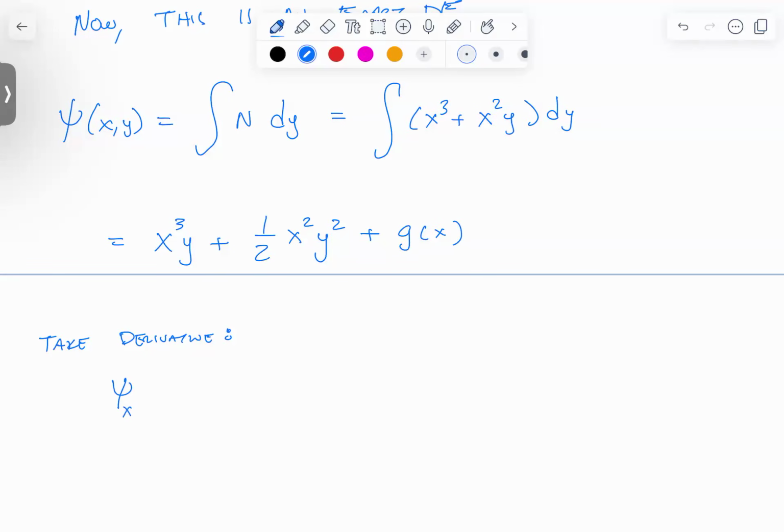Now we take the partial, since I used n, doing everything in reverse, take the partial with respect to x of the function.